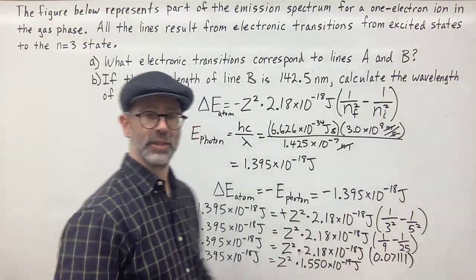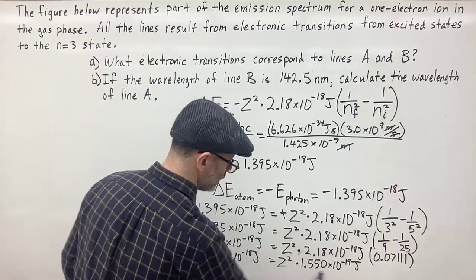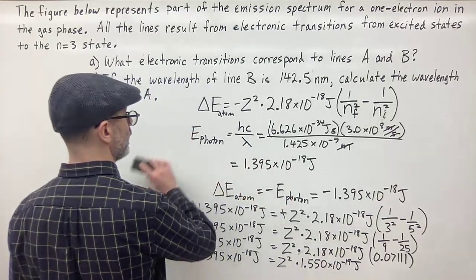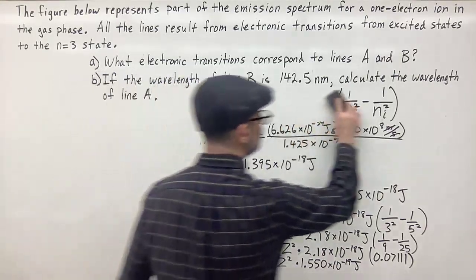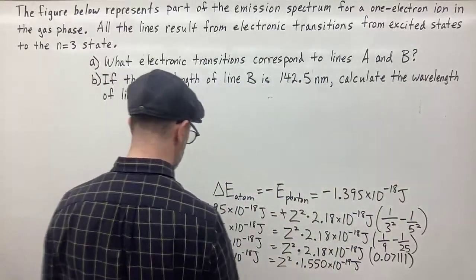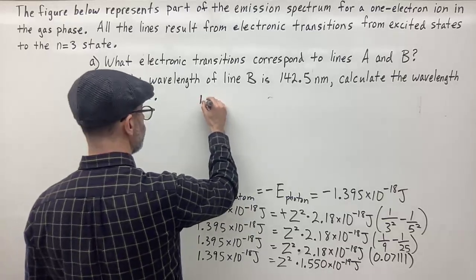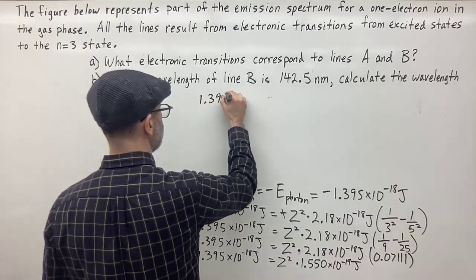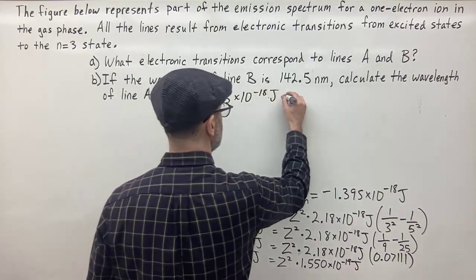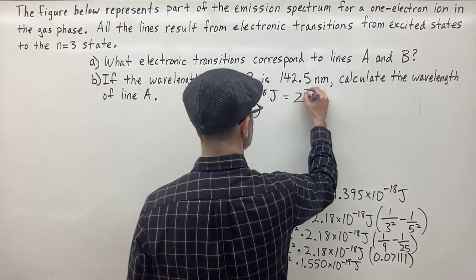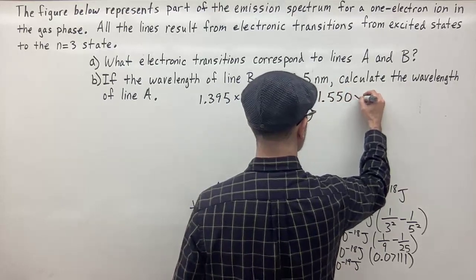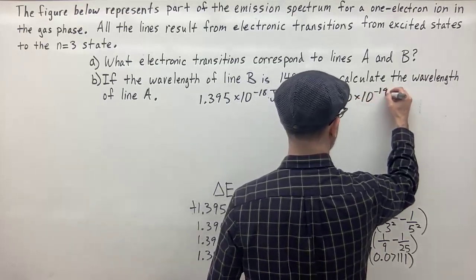So now all I need to do is divide both sides by this to get z squared by itself. So I'm going to go ahead and erase this since I don't need it anymore. So I have 1.395 times 10 to the negative 18 joules equal to z squared times 1.550 times 10 to the negative 19 joules.